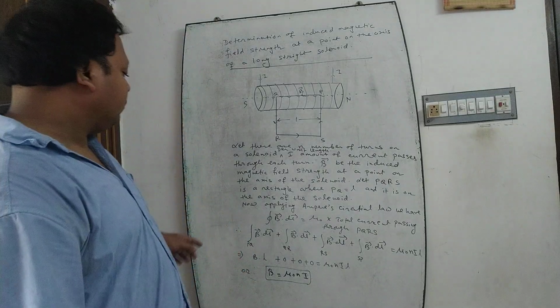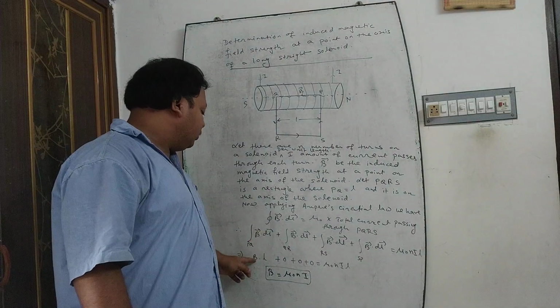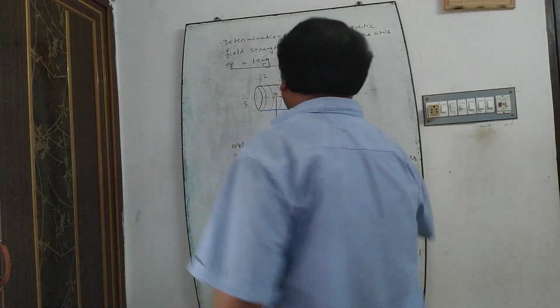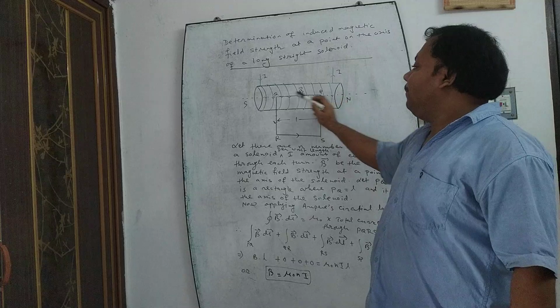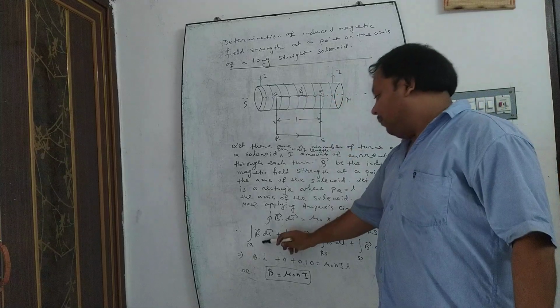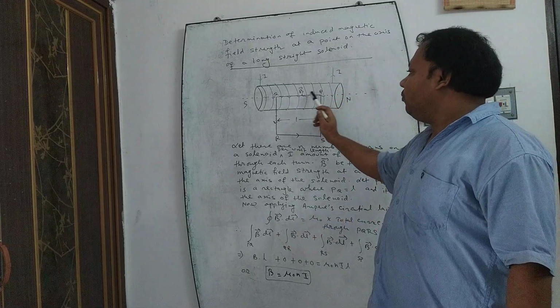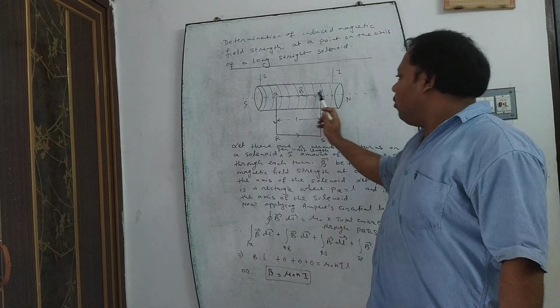Now, integration of B dot dl along PQ is equal to B into l, since the direction of PQ and B are the same and the magnitude of B is constant throughout PQ.